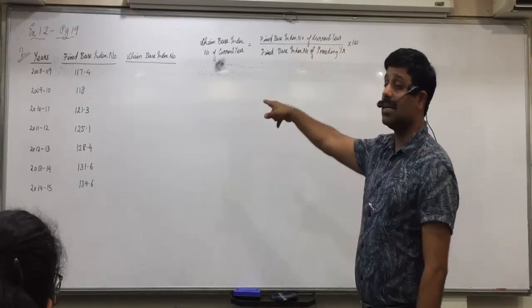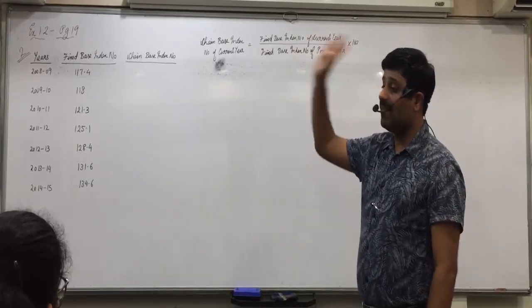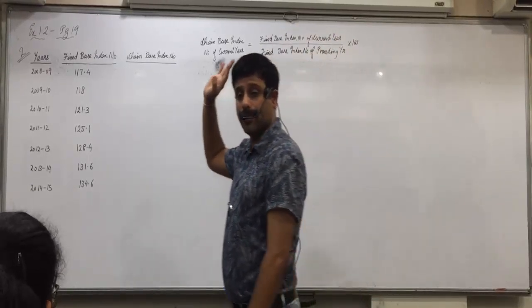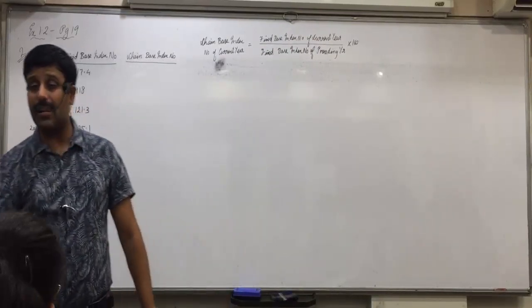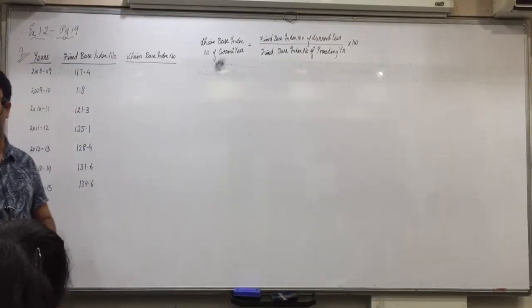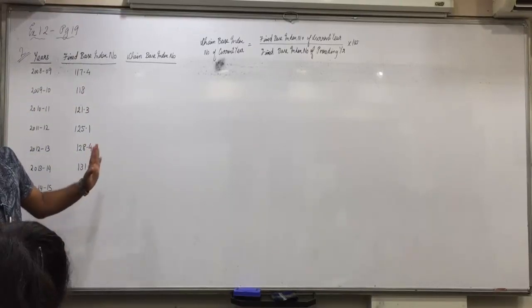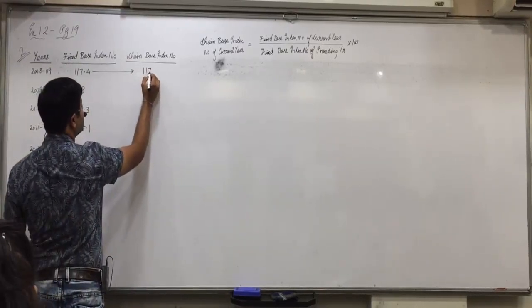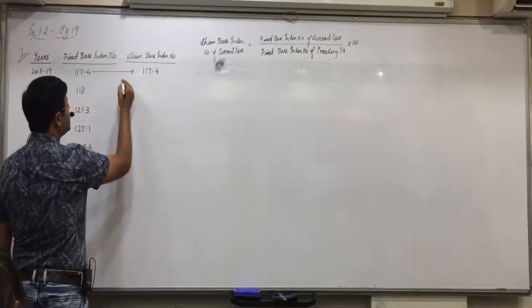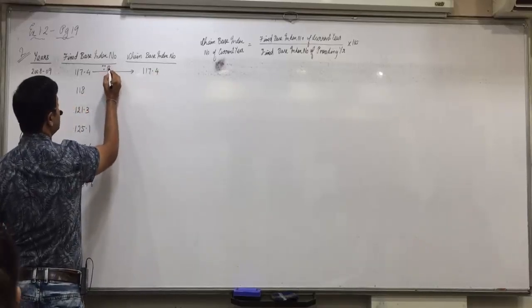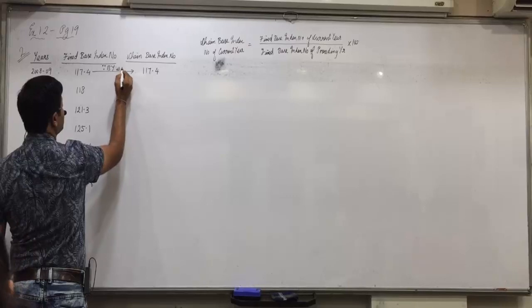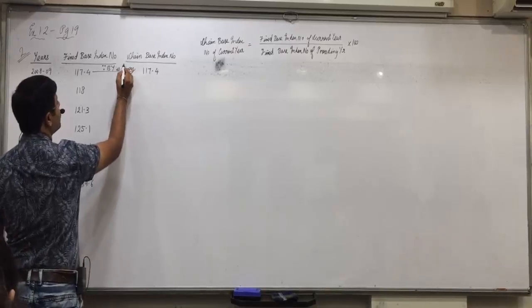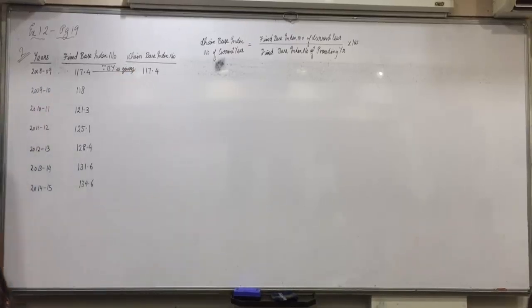So what will you take as first year's chain base index? 117.4. Understood that? Raise your hand who is still writing up till here. All have written it? So the first value, directly write down 117.4 because base year is given. Just for understanding, I am mentioning it. Since base year is given, we take the same value 117.4.